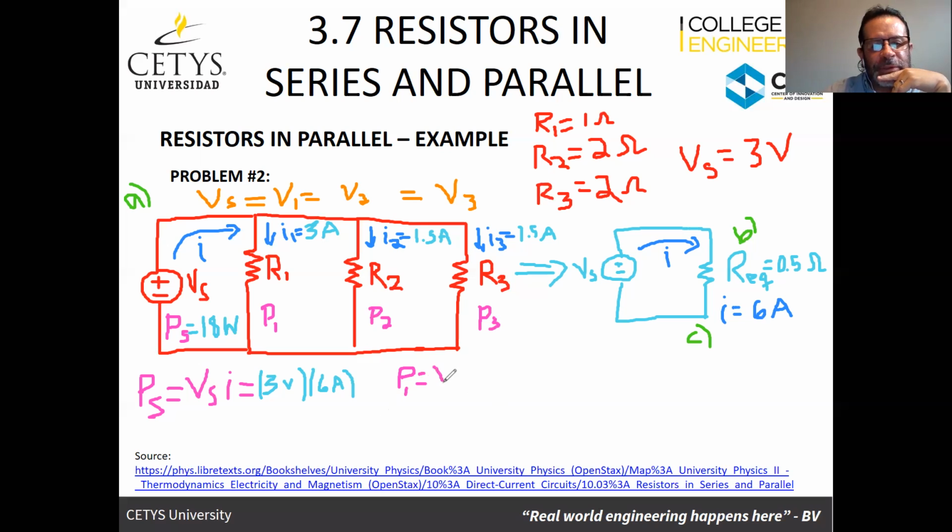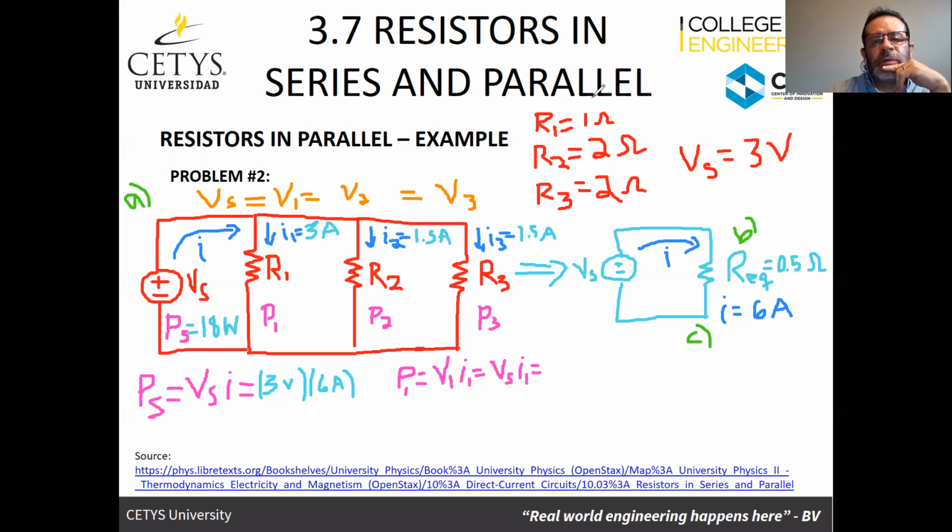Power 1 is going to be voltage 1 multiplied by current 1. And we know that voltage 1 is the voltage of the power source, which is Vs, multiplied by current 1.